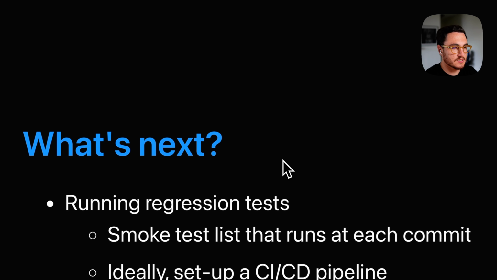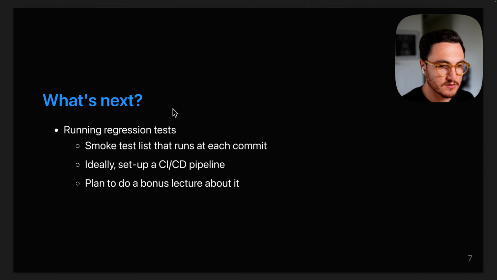So what's next? Typically here, when you start having something work, you want to run regression tests, because on one hand the development needs to continue, meaning that we will implement more functions, more stuff, but you don't want to break what is already working.